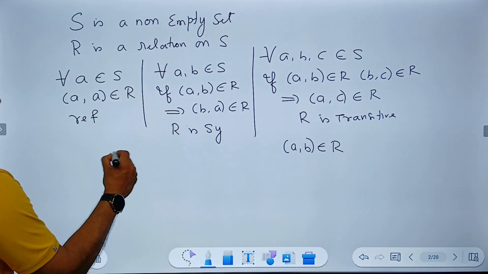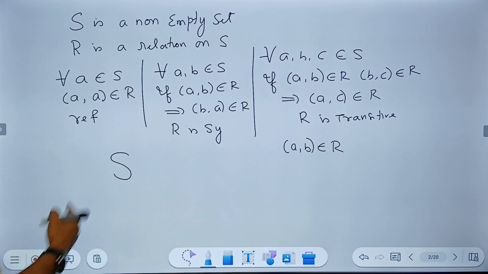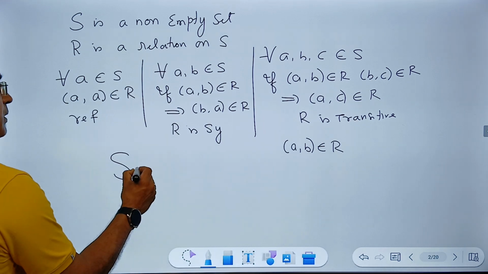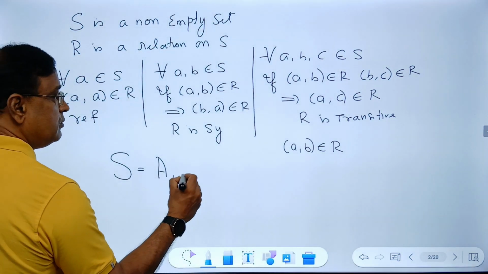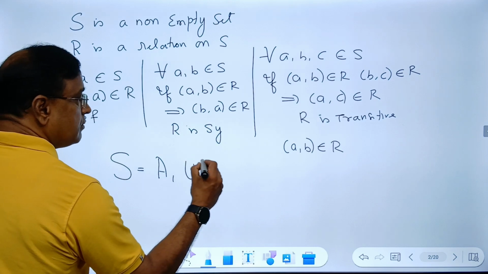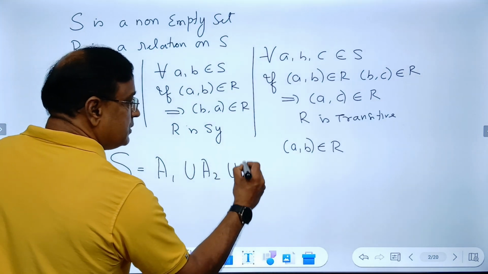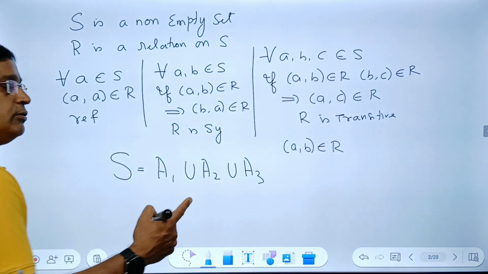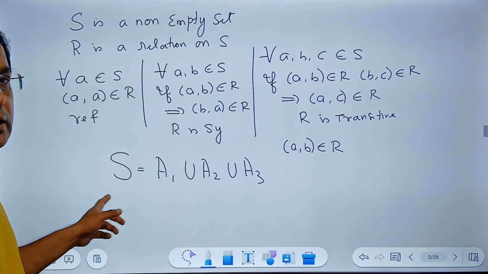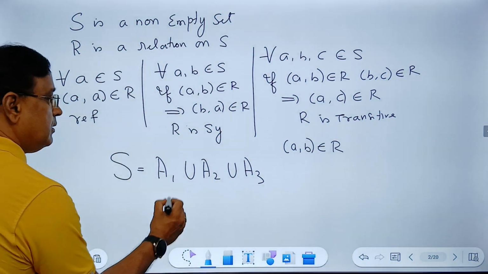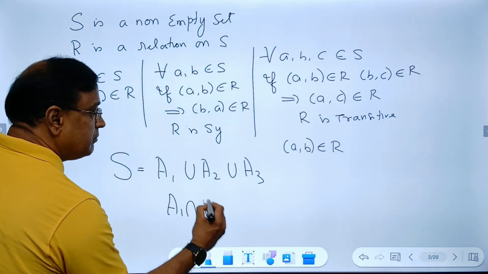So what is an equivalence class? If I have S as a set, it is basically partitioning the set into different subsets. Let me take 3 subsets, for example. Partitioning it into 3 subsets, where if you put them together you get the entire set, and none of them have anything in common.